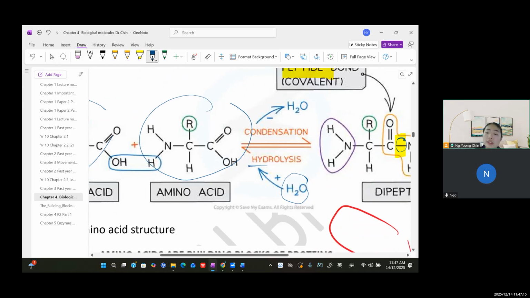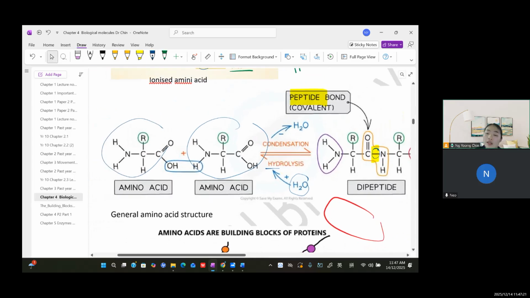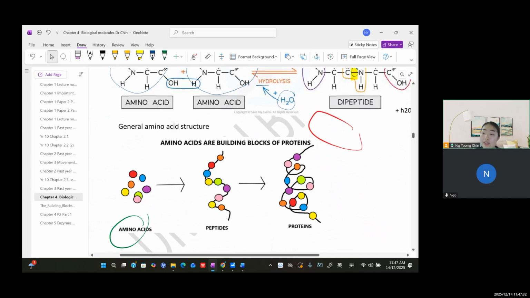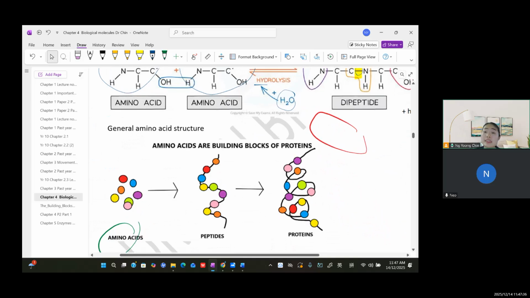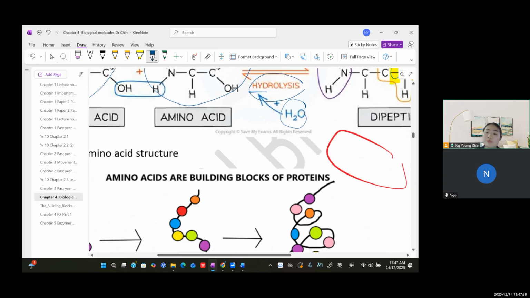It's because they are using the water to break down the molecule. So that's why they call it hydrolysis. And a lot of our digestion process actually uses hydrolysis to break down the food. Do you realize that a lot of the digestion process that happens in our intestines is actually using this hydrolysis to break down the food?